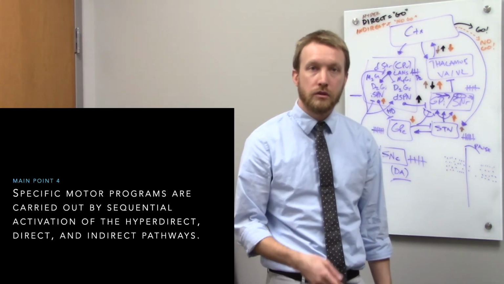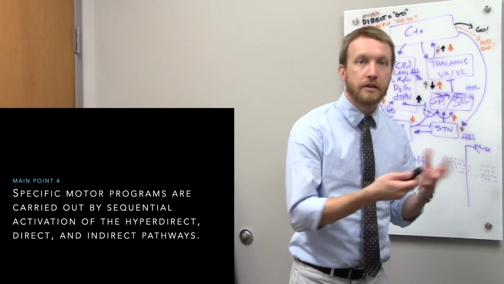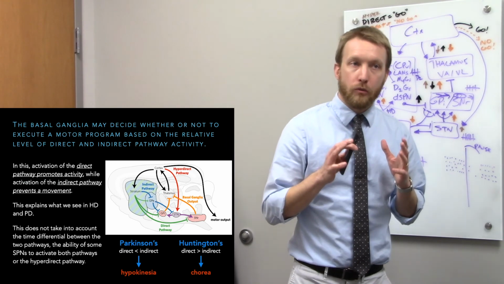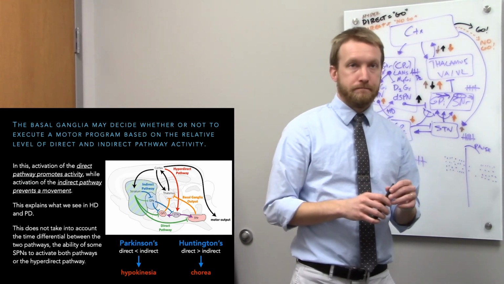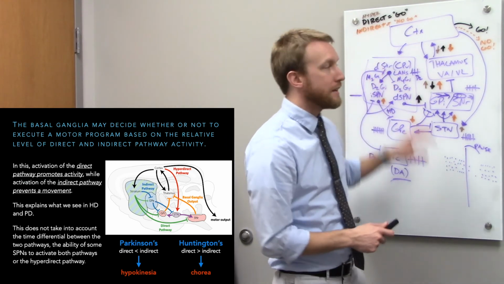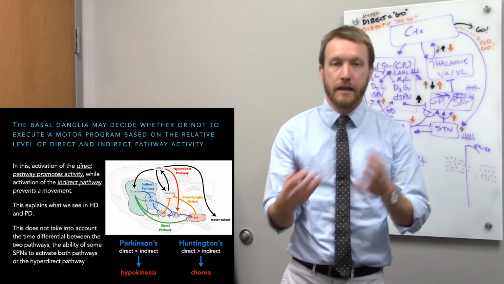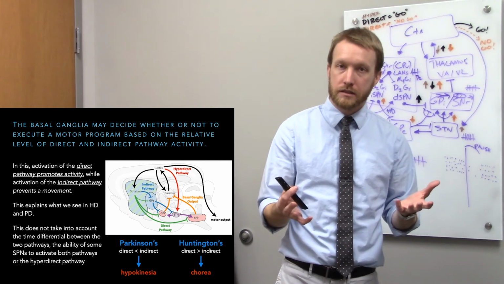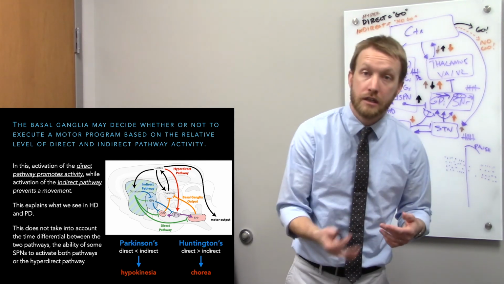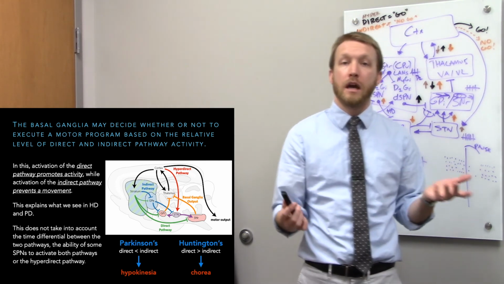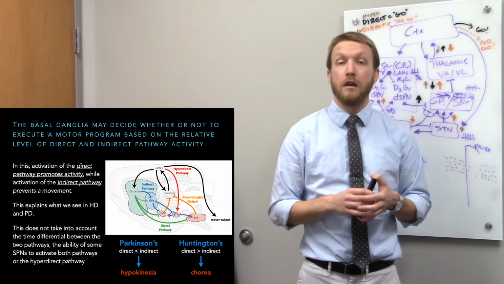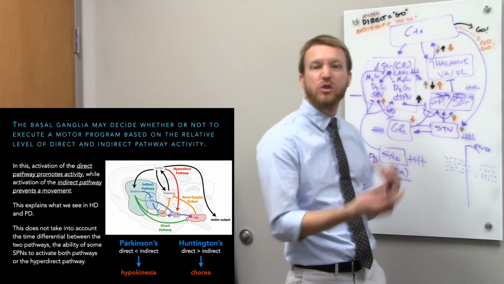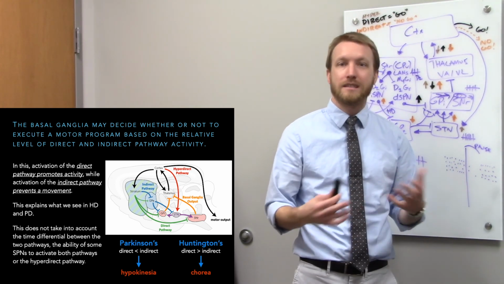So let's walk through and see if we can put together our hyperdirect, direct, and indirect pathways. What we think is going on is that a balance of direct and indirect pathway kind of biases us toward more or less activity. In dopamine-depleted states, like Parkinson's disease, where we see an increase in indirect pathway activity, we see hypokinetic symptoms. In Huntington's, where we see loss of indirect spiny projection neurons, where we have more direct than indirect, we see excess movement.